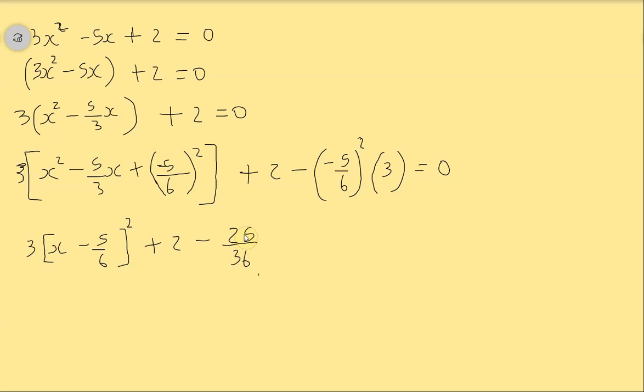Good. And remember, that is being multiplied by 3 equals 0. Good. Now we write back this part.